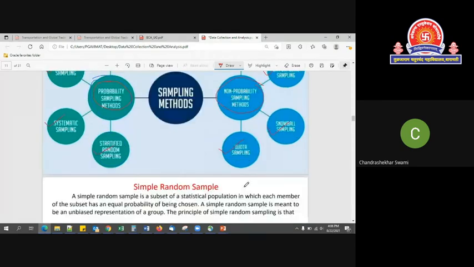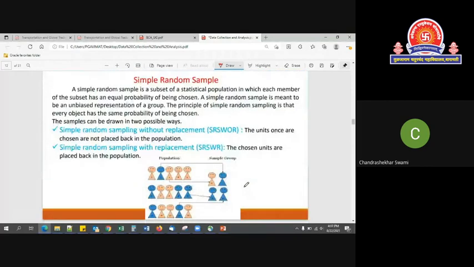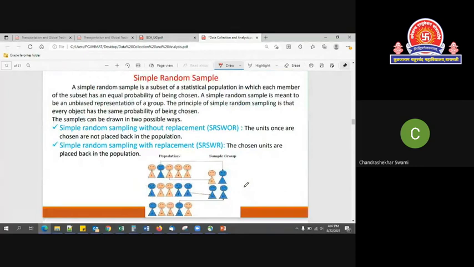Let's consider the first sampling method, that is simple random sampling. A simple random sample is a subset of a statistical population in which each member of the subset has an equal probability of being chosen. A simple random sample is meant to be an unbiased representation of a group.